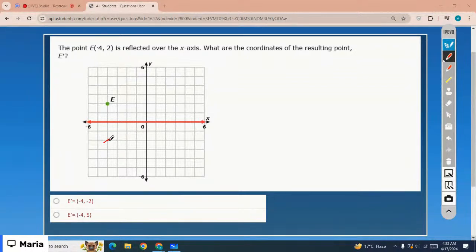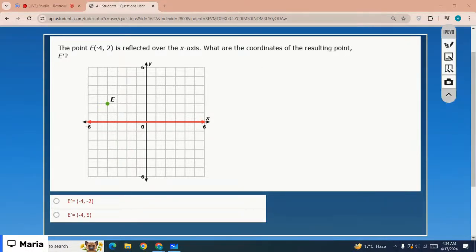So this point has the coordinates, 1, 2, 3, negative 4 and negative 2. The correct option is negative 4, negative 2. Got it? Option number 1 is the correct option. That is negative 4 and negative 2.